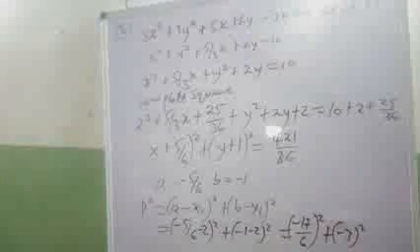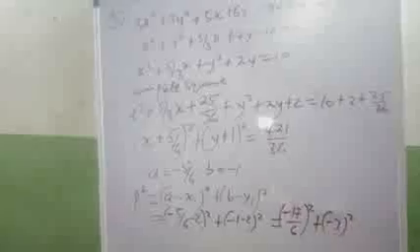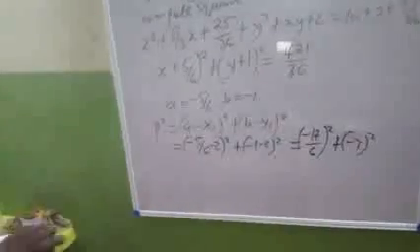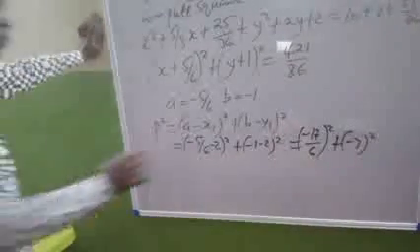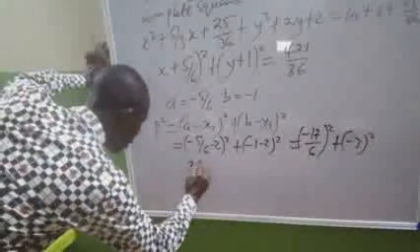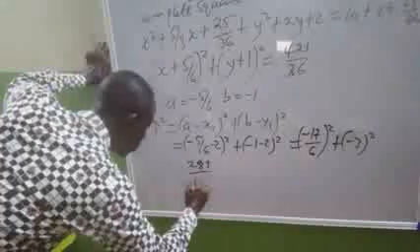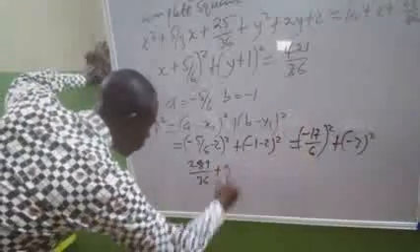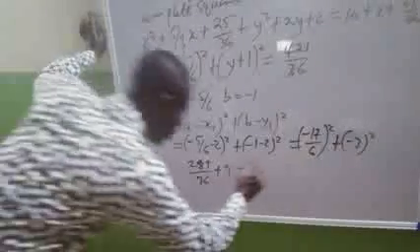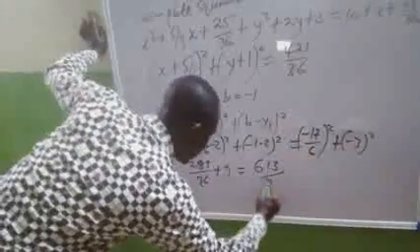If you bring it down a little bit, you have 289 over 36 plus 9, and if you solve that very well, you have 613 over 36.